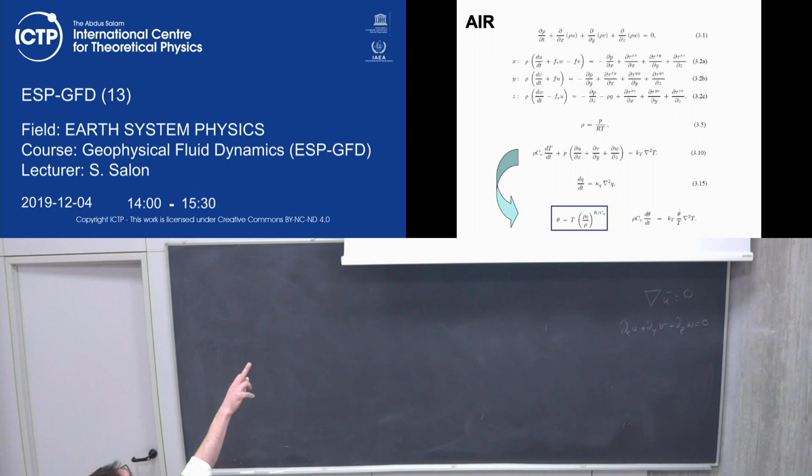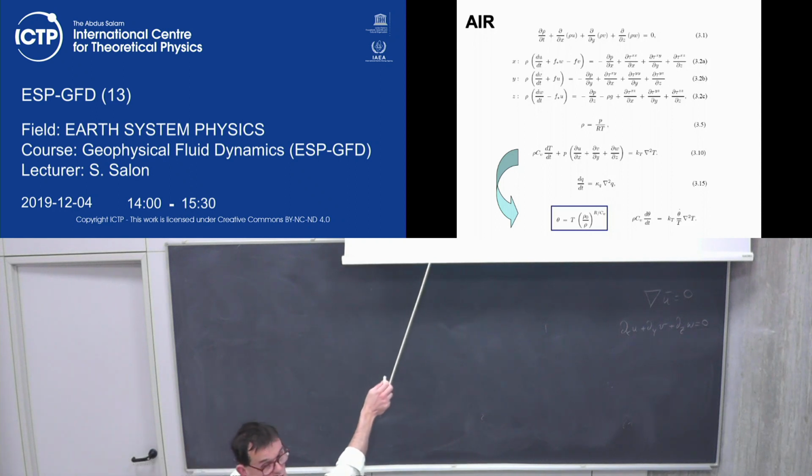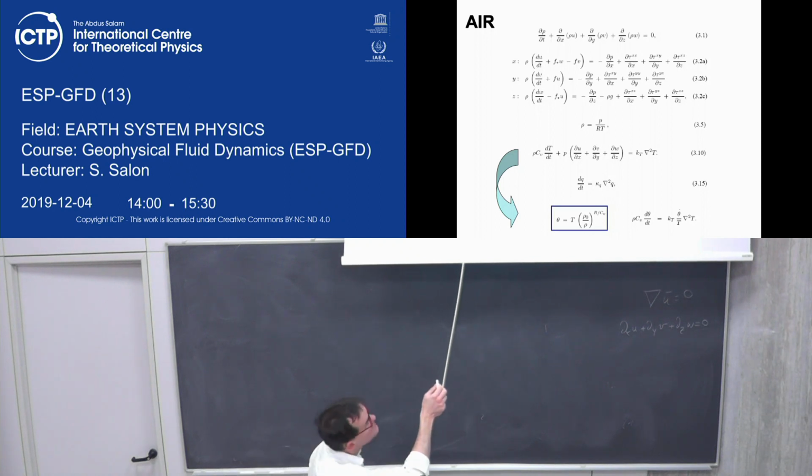If we substitute rho with rho 0 plus rho prime, rho 0 is much larger than rho prime, so we just remain with rho 0. So there is no prime in the left-hand side.